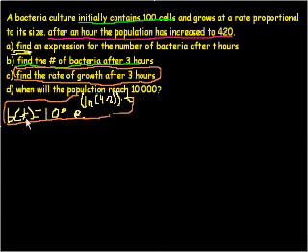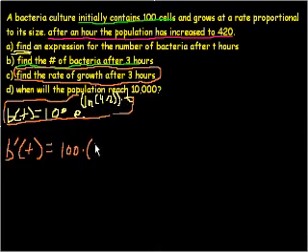So we just have to take the derivative of the bacteria function with respect to time. So b prime of t, it equals what? Let's just do the chain rule. We can just have 100 constant out there, times the derivative of this inside function. Well, that's just a constant times t, so it's just a constant.